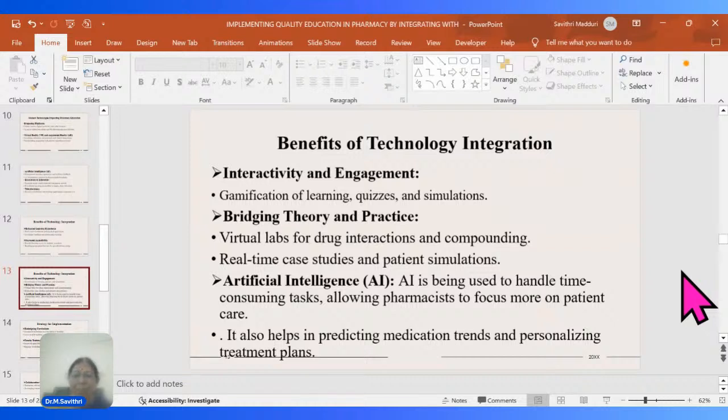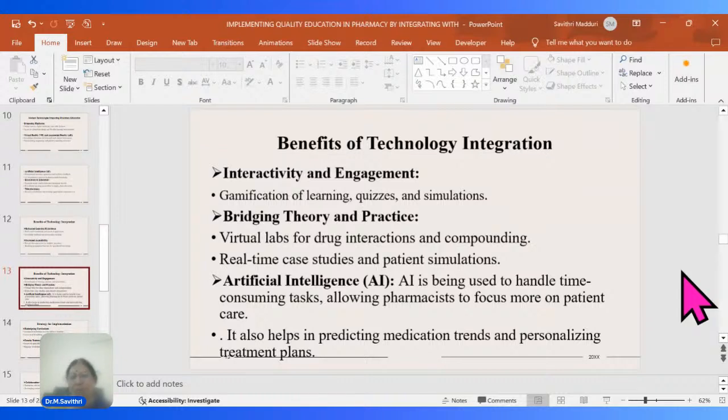Real-time case studies are very important to understand the situation, how the patient is suffering, what the symptoms are, and how it has to be reduced, so that they start thinking. With experience only, I'm telling you, if selected patients are given to a group of students, they concentrate on the patients and try to counsel them and make them take the doses properly. So that is a real-time experience and case studies. That comes under bridging theory and practice.